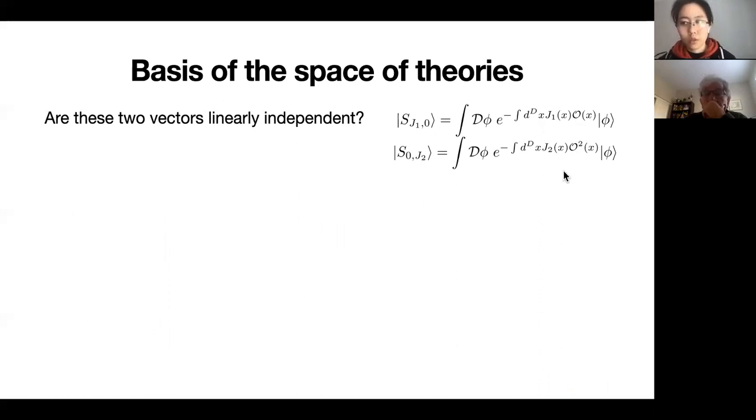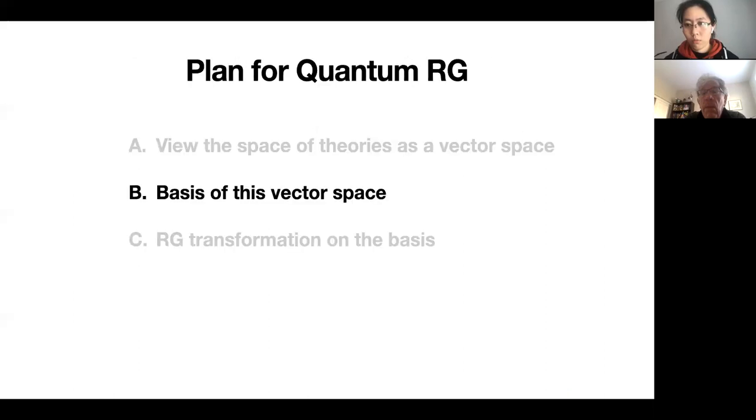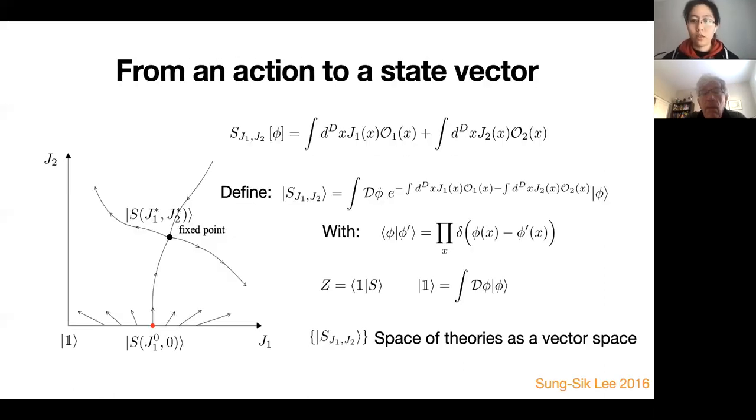I have a question. When you define these vectors, do you include S0 in the path integral, or is there no S0? We can include the S0. For simplicity, I just didn't write it. But S0 is hidden in phi, because your initial phi depends on S0, right?